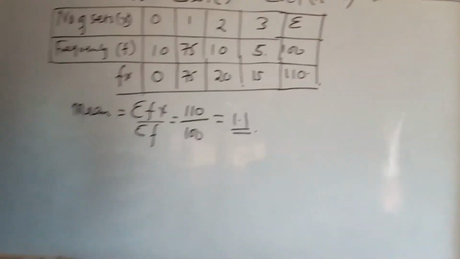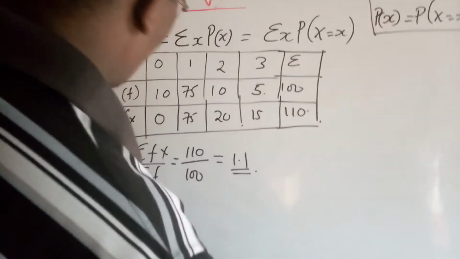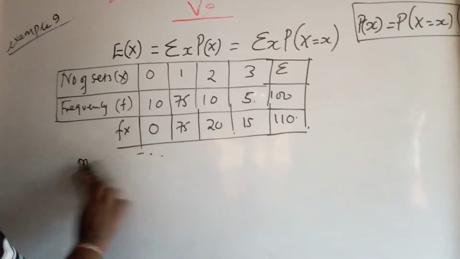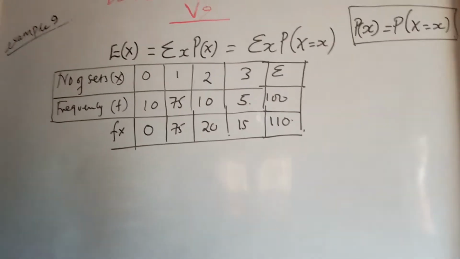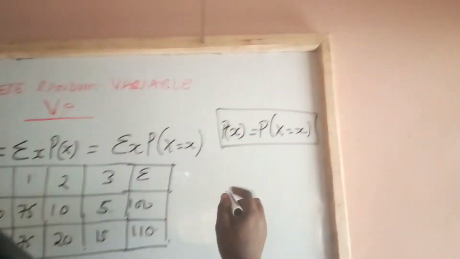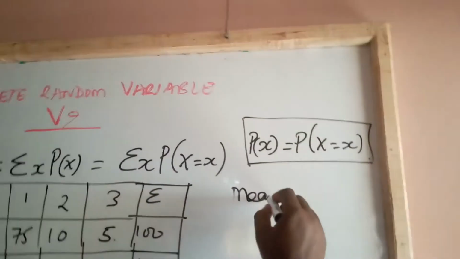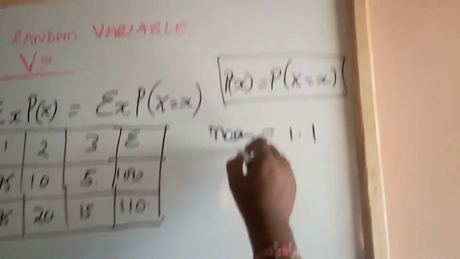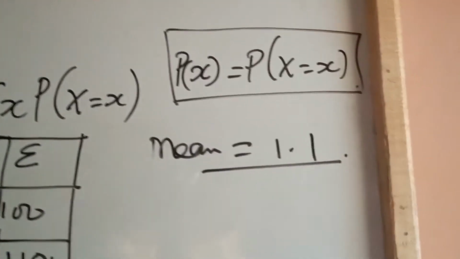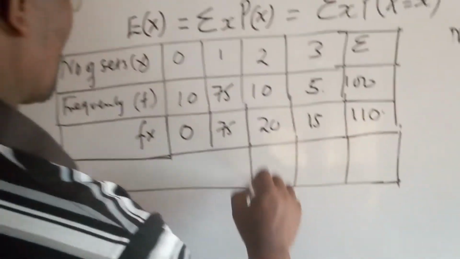Now, it is important that, having said this is the mean, we put it aside here. The mean is 1.1. We are going to use it to compare something else. The probability distribution, let's just produce our table here.